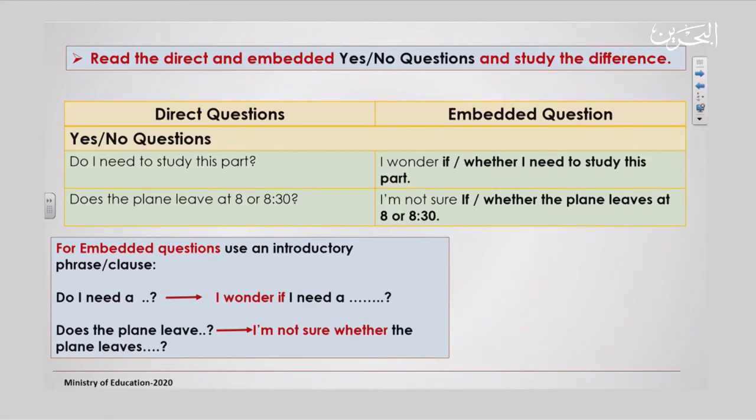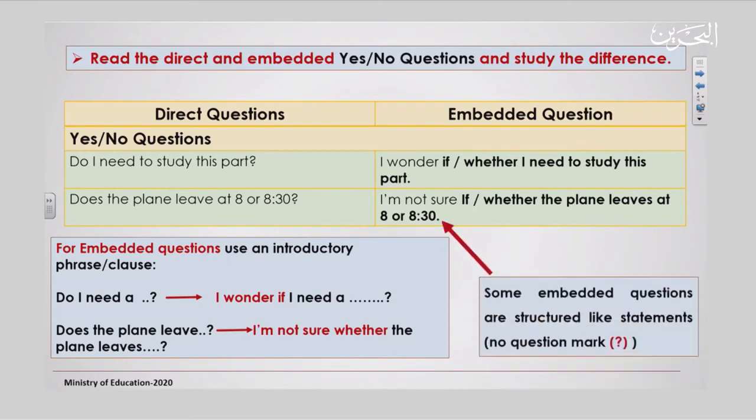So we will say, I'm not sure whether the plane leaves. So these are yes or no questions. Be careful. Some embedded questions are structured like statements. So they are not questions, meaning you don't add a question mark at the end, but rather you put a full stop.